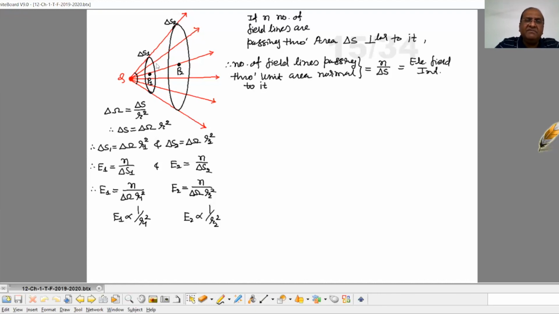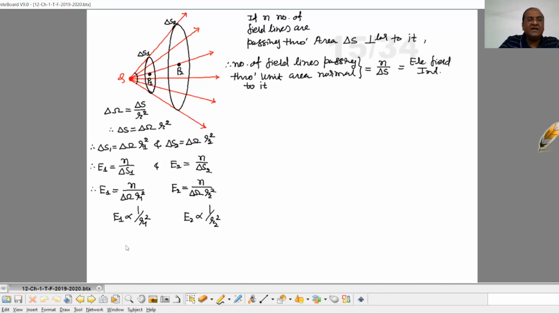Here arbitrarily we consider the total number of field lines passing through these surfaces under consideration to be n, perpendicular to these surfaces. So if the total number of field lines passing through delta S1 and delta S2 perpendicular to it is n, then the number of field lines passing through unit area is how much?